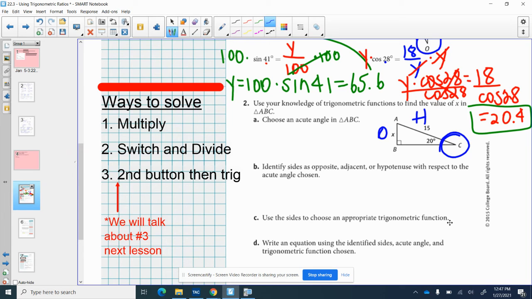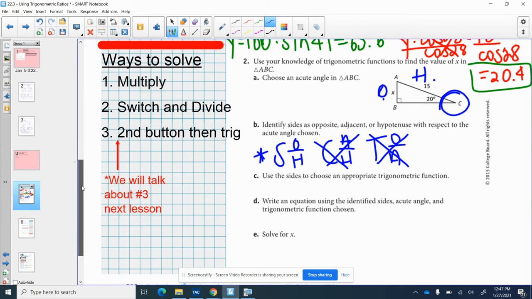Now, when we use SOHCAHTOA, based on what we have, the opposite and the hypotenuse, well, we're looking for the opposite when we have the hypotenuse. So the only one that is going to be of use to us right now is the sine, okay?